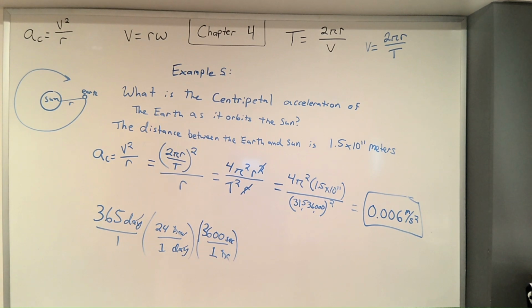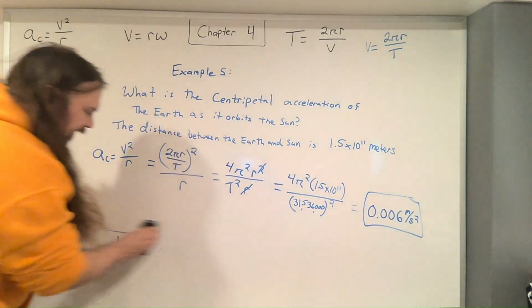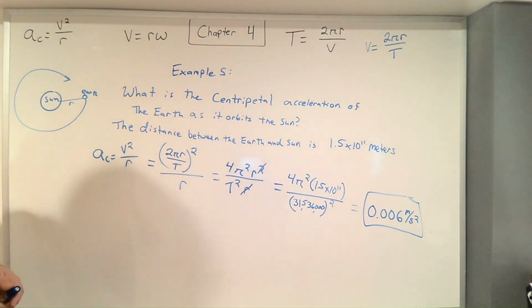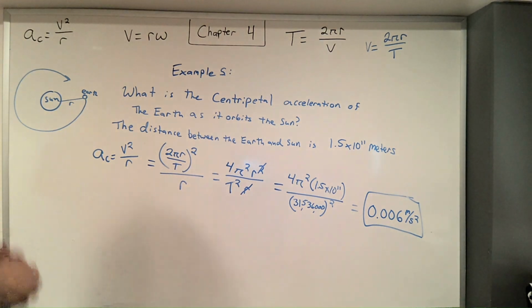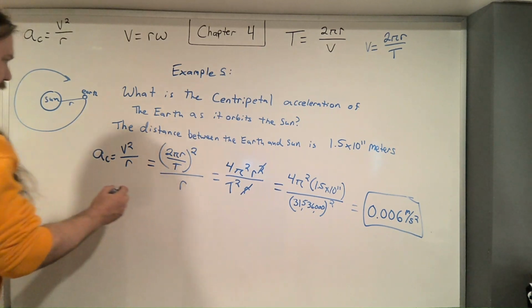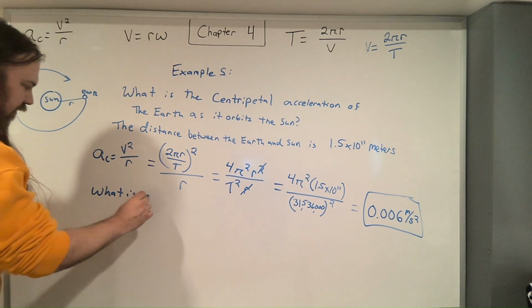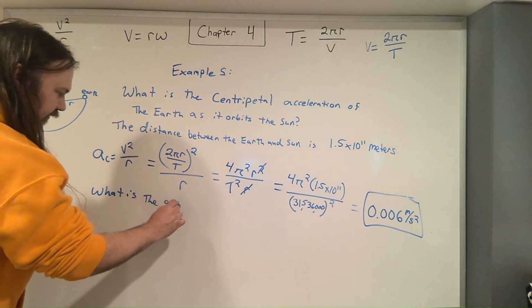Just out of curiosity, if we were wondering what the angular speed of the Earth was, we can do that out. Let me get rid of my side work here. If we were looking for angular speed, what is the angular speed?